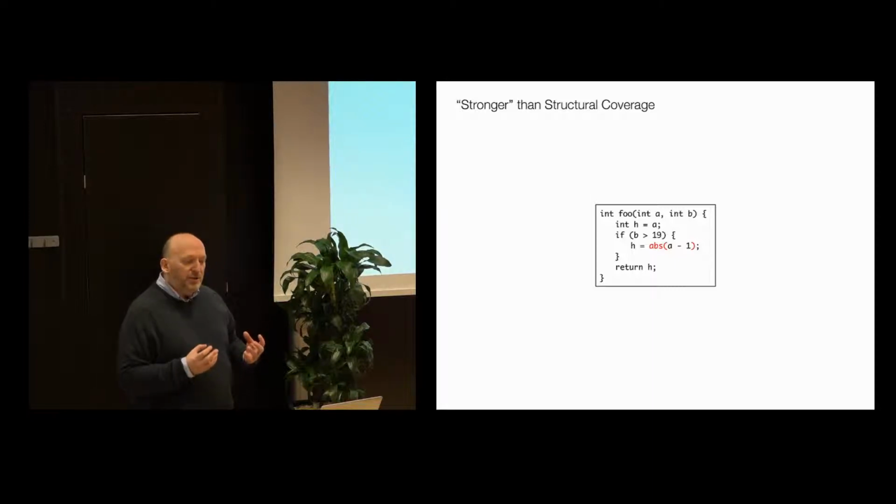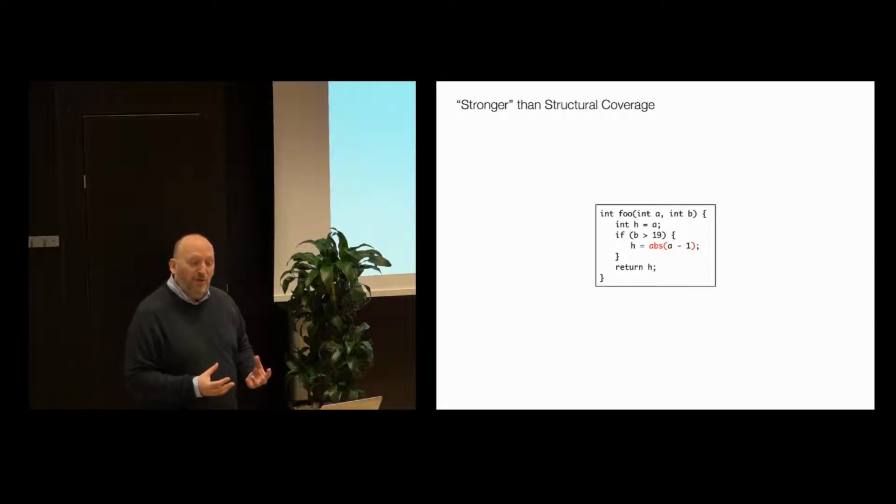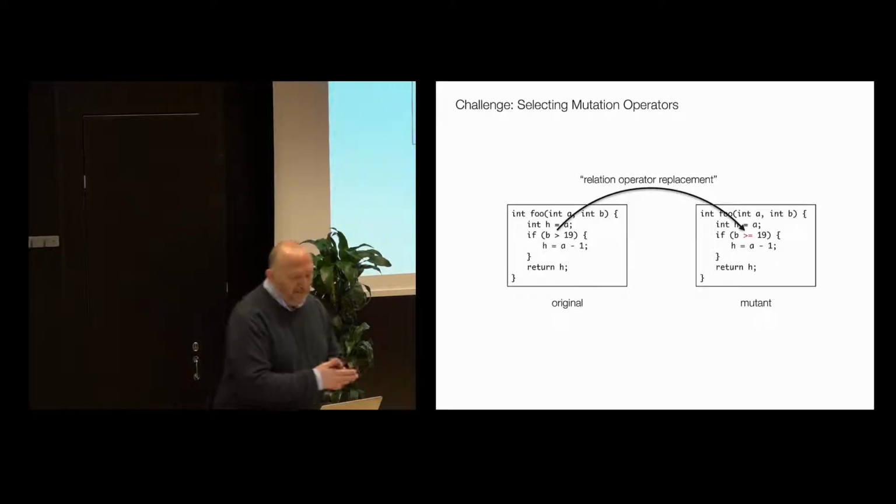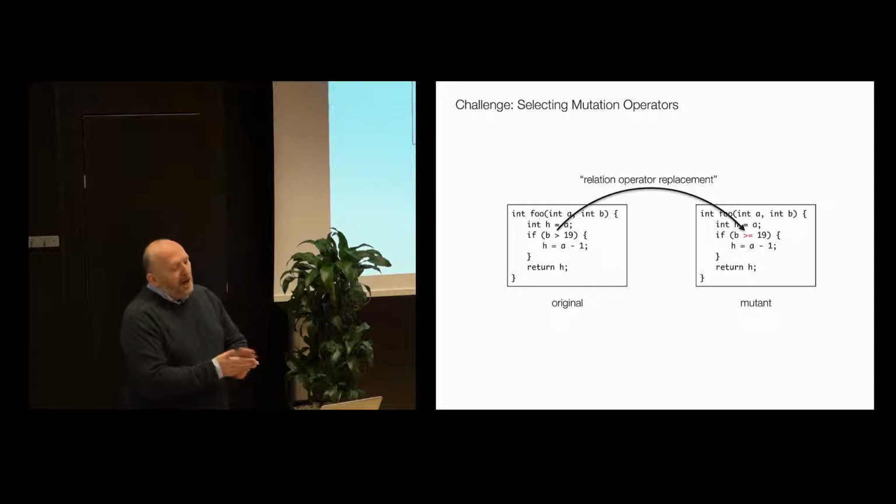So there's a lot of evidence that it's stronger than structural coverage and it can find more faults than structural coverage in real life. The downside is that you typically need many more test cases to do this, and obviously that's a big issue. And I'm going to talk about how you can perhaps minimize this. But another challenge, and this is maybe the reason why it's not used as widely as it could be, is how do you decide what mutations to make?